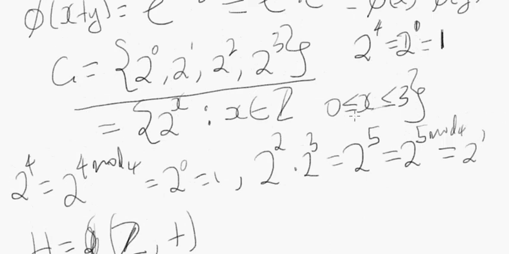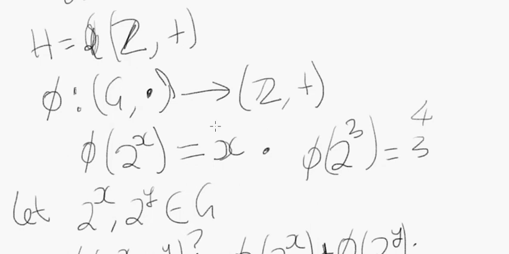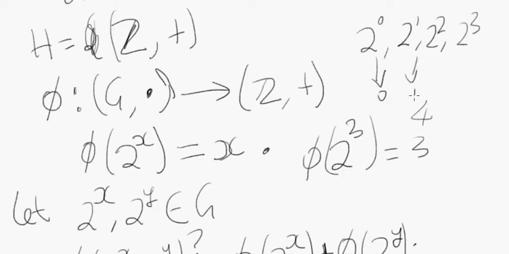But you see, how many integers are there? Definitely more than 3. There are infinitely many. So if you were to think about what's the image of the function phi, well, if it only takes in powers 2 to the 0, 2 to the 1, 2 to the 2, and 2 to the 3, and gives us 0, 1, 2, and 3, then this map is not surjective.